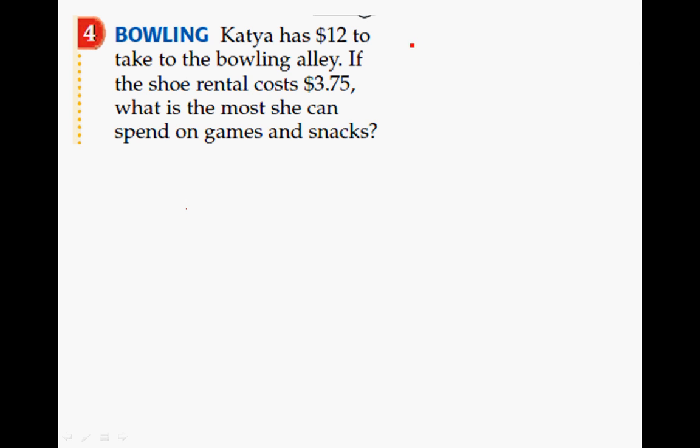Okay, so the solution to this would be $3.75 plus x, and if she has, what is the most that she can do, that means is less than or equal to $12. So if I subtract $3.75 from both sides, I'm going to go ahead and put the dollars back in here.